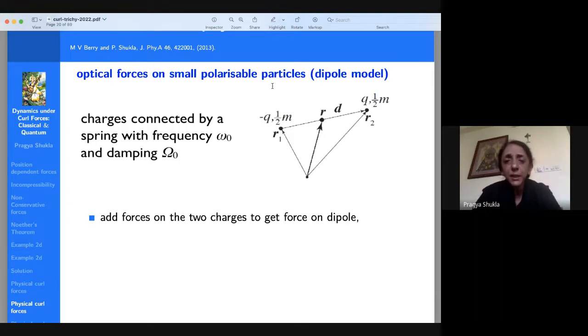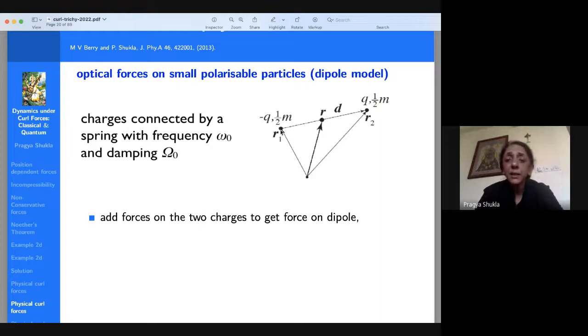To show that, I have to calculate the force on an atom which is kept in an electromagnetic field, and that's what I'm trying to do. My atom has now become a dipole, it is radiating, so it is subject to damping. I try to model it by a spring, because it is oscillating.